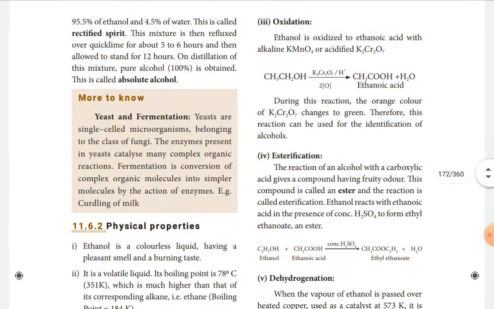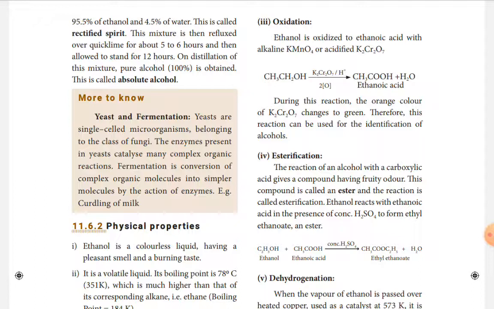Then the next reaction, oxidation. We already learned in previous classes that oxidation is the addition of oxygen. Here, in the presence of potassium permanganate, KMnO4, or potassium dichromate, K2Cr2O7, 2 oxygen atoms are added to ethanol to form ethanoic acid, and water is one of the byproducts.